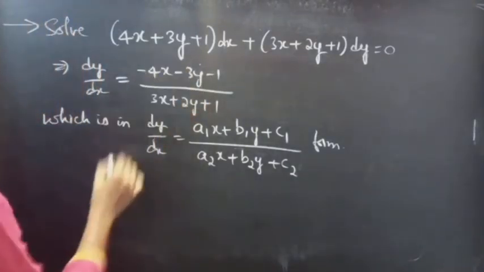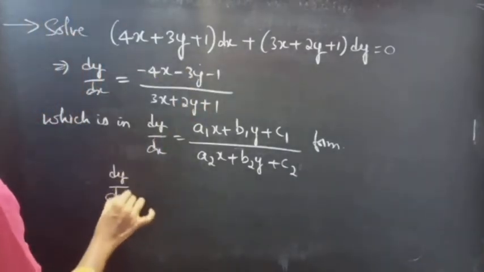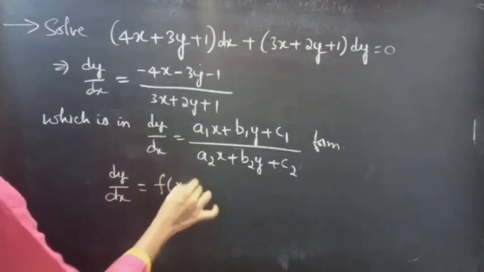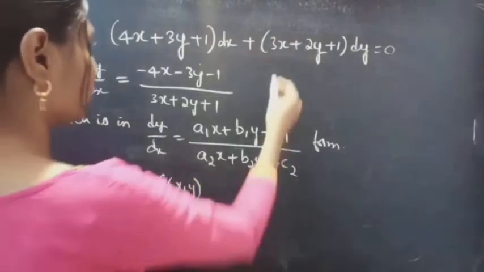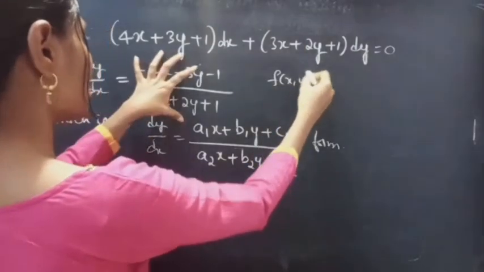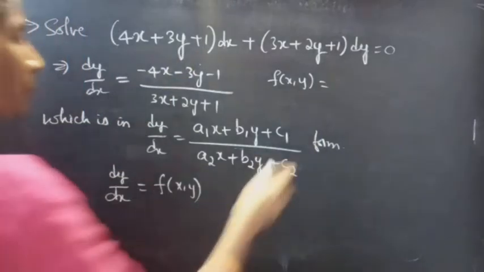And also this is of the form dy by dx equals some function of x, y, right? Consider this as a function of x, y.